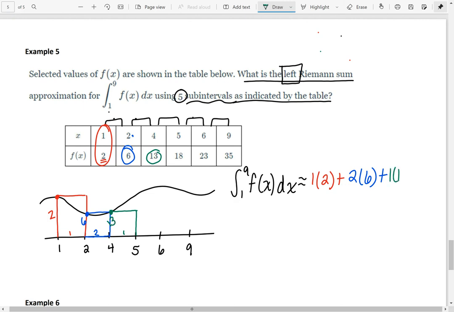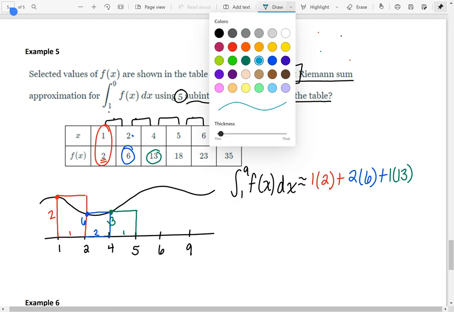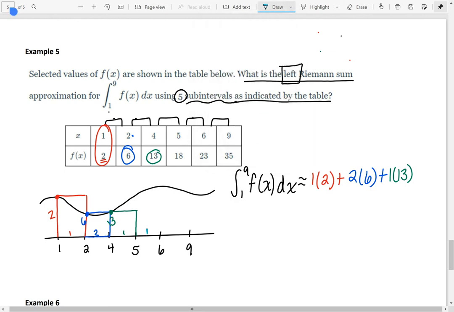So 1 times 13. The sketch is just here to help me make sense of some of these numbers. From 5 to 6, the width is 1. The left side is going to determine my height. So that height is here, 18. So plus 1 times 18.